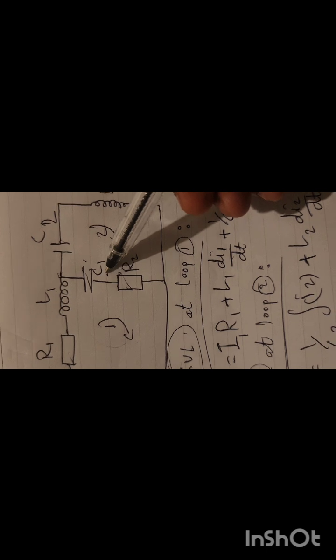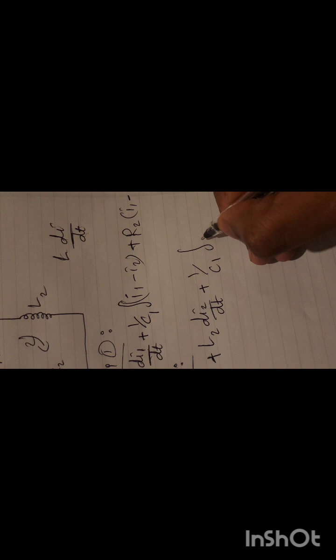We have also this branch C1 and R2. So let's deal with it. So we have 1 over C1 and its integration. We have also I2 minus I1 because we moved from the first loop here. It was I1 minus I2, and now it's I2 minus I1 according to the mesh analysis law.